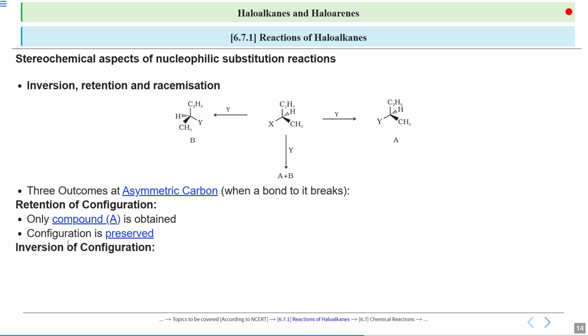The second outcome is inversion of configuration. Inversion of configuration means the configuration is inversed, so only the B compound is obtained.